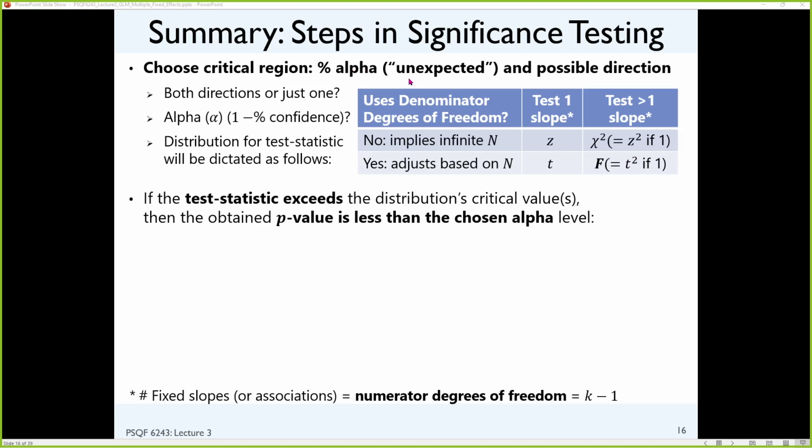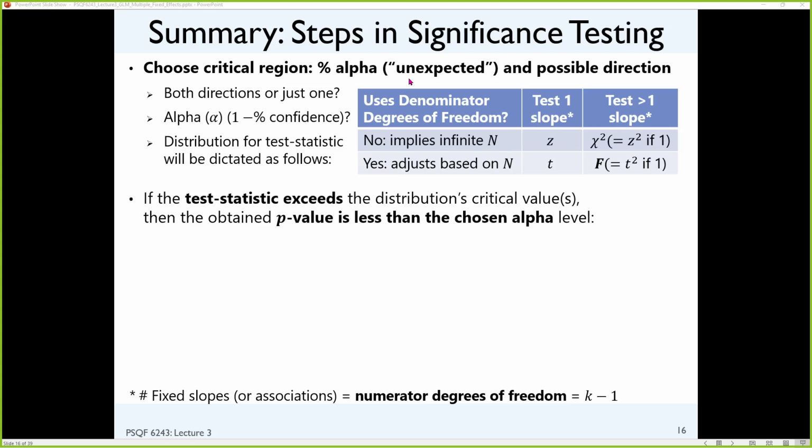If you want to be conservative, you make alpha smaller. You want to make the standard for unexpected harder to reach, like 1% of the time you would see a slope this big. That means you're only going to have a false positive, type 1 error, 1 time out of 100 rather than 5 times out of 100.